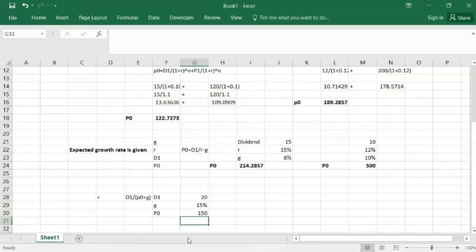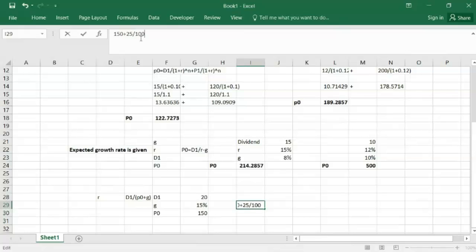First we calculate P0 plus G. P0 here is given as 150 rupees, and G is 25%, so we have plus 25 divided by 100.